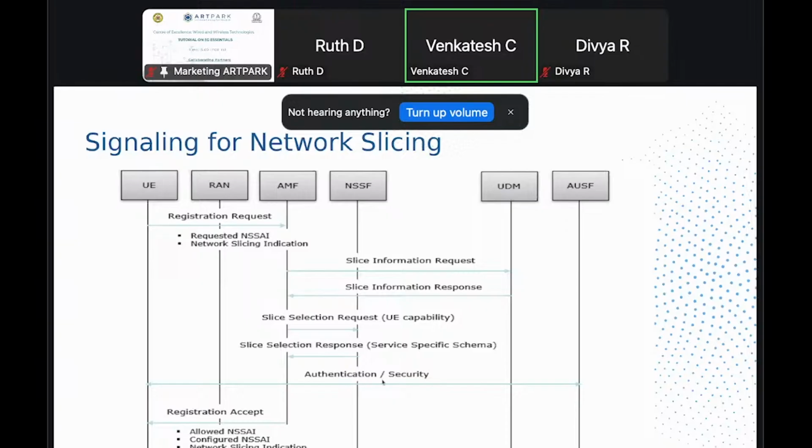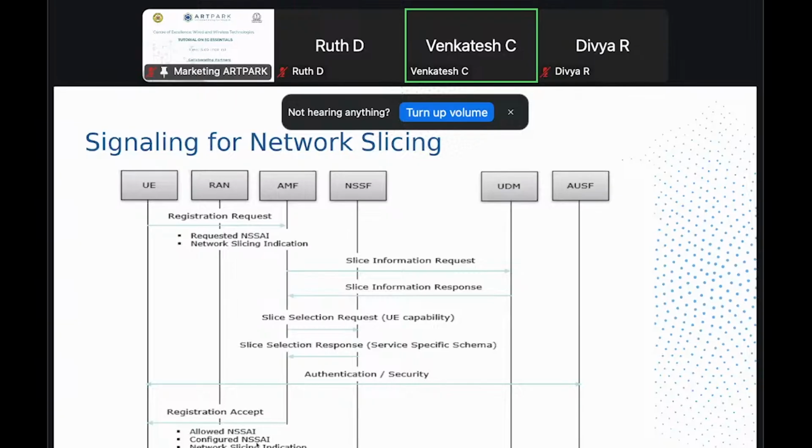And following that, authentication and security procedures will be taken care of. After the AMF selects the appropriate slice for this UE, at last it will send the registration accept message. In the registration accept message between the AMF and UE, it will share the allowed NSSAI and configured NSSAI in the core network.